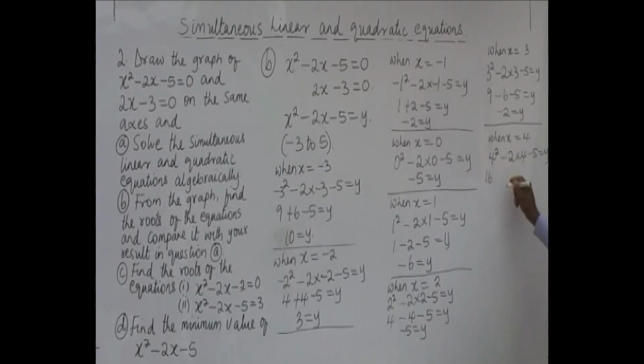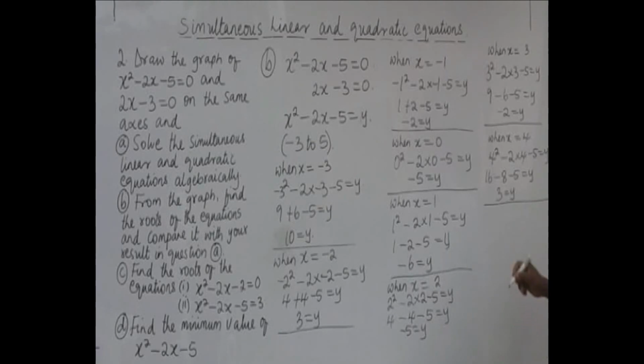Minus 2 times 4 will give you minus 8. Then minus 5 is equal to y. 16 minus 8 is 8. Then 8 minus 5 will give you plus 3. The value of y at this level is plus 3.